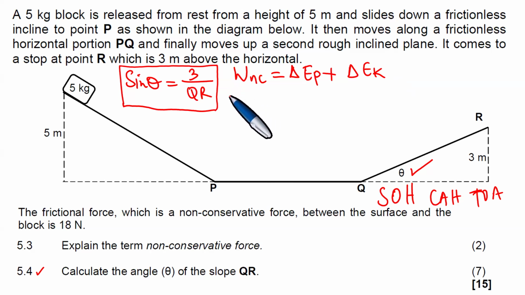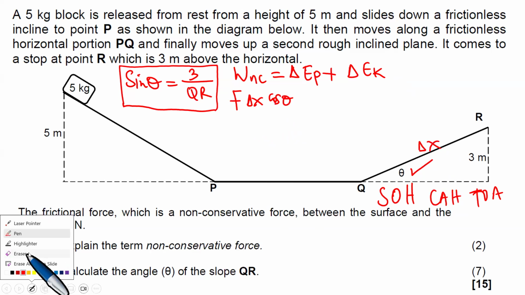Work done by the non-conservative forces is F delta X cosine theta. Okay, we take this one to be delta X up the incline.